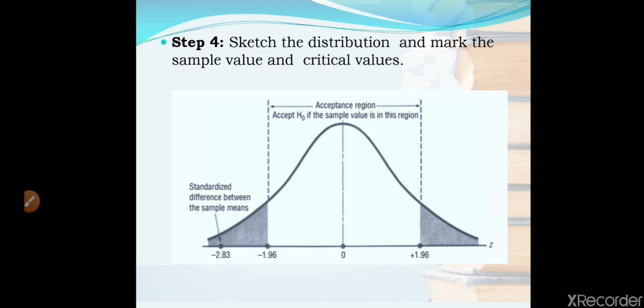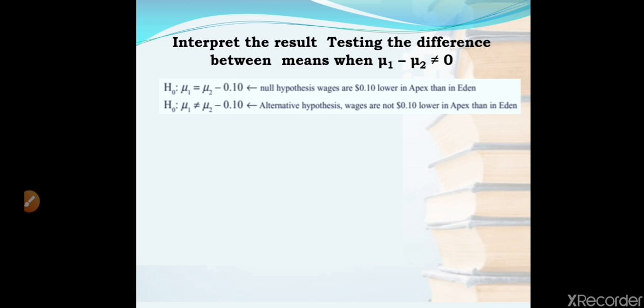However, we could also have investigated whether the average wages were about 10 cents per hour lower in Apex than in Eden. So in that case, we have the hypothesized difference as 10 cents.